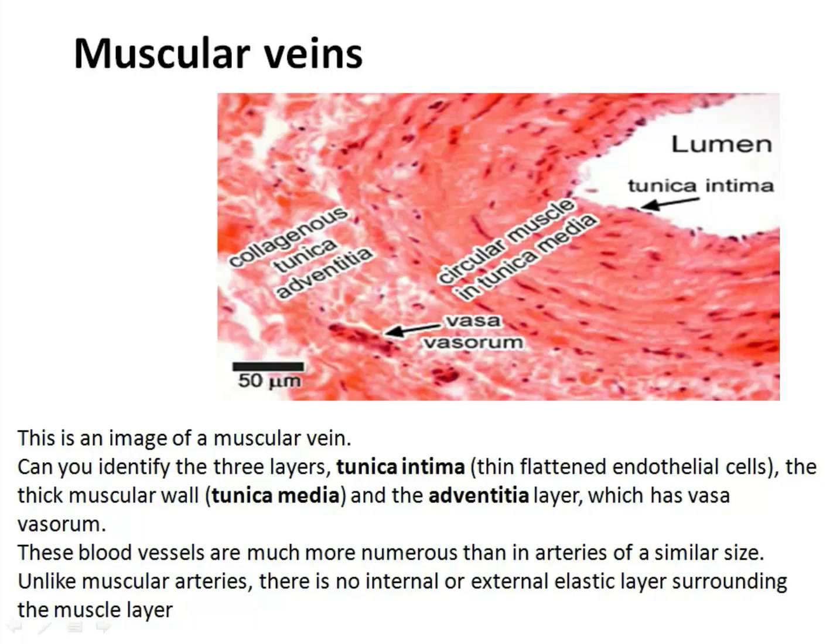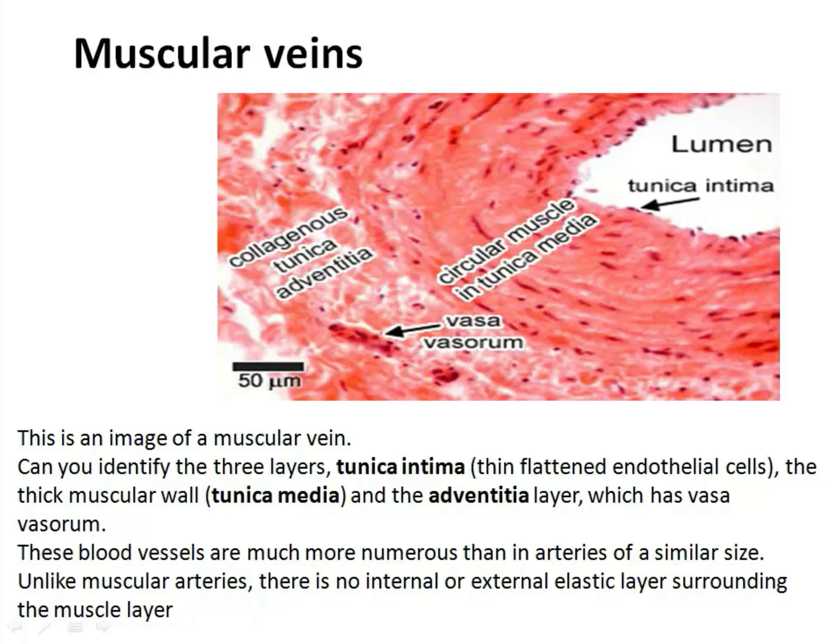Vasa vasorum is what? It is a blood supply to the veins. Small blood capillaries or blood vessels, may be arteries or veins or venules or arterioles, providing blood supply to the large veins and large arteries, that is vasa vasorum.